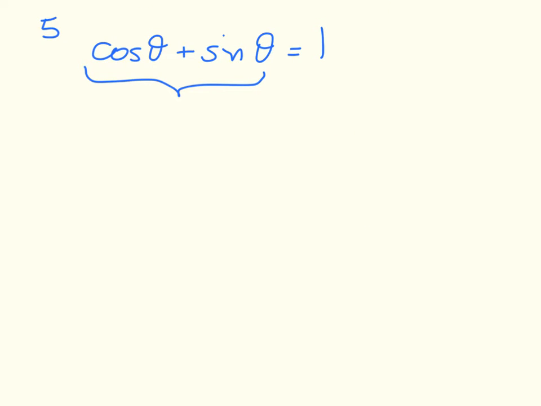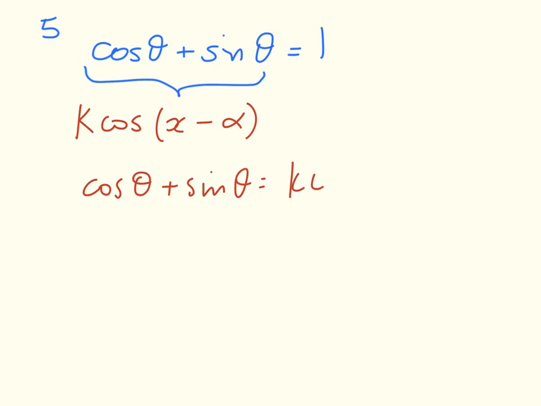Question 5, solve that equation. We need to take the cos and the sine and make it into a single trig function. And the single trig function I want to make it into is k cos(x minus alpha). So go through your procedure of cos theta plus sine theta equals k cos(x minus alpha). Work out what k is. I'm going to tell you it's root 2.